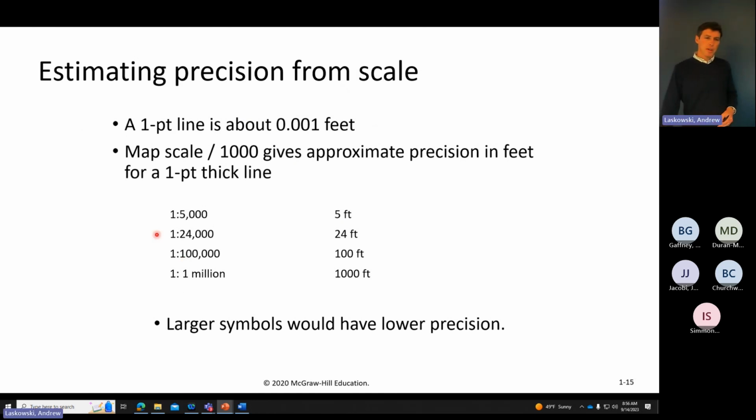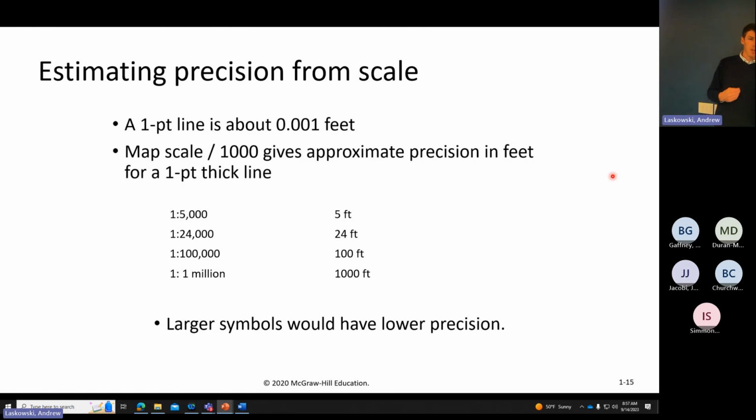So let's use map scales to think about how precise the symbols on your map would be. A 1 point line, if we actually measured 1 point on our page, is equivalent to about 0.001 feet.